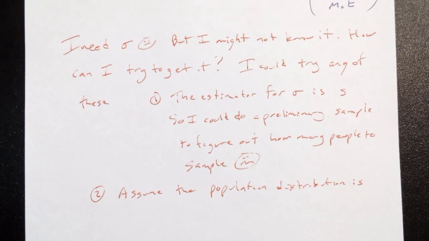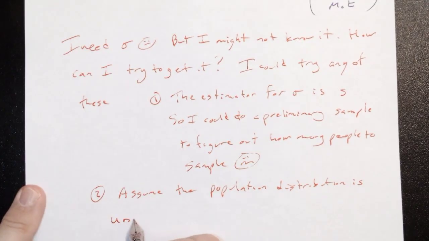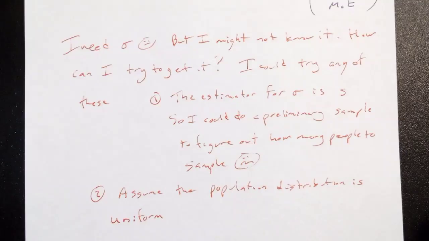Now, since we're dealing with sampling, we really want to work with our continuous distribution. That means we really only have two to pick from. We can either look at uniform distribution or a normal distribution. So if I assume it's uniform, then I can go back to chapter 6 and I can ask, what's the standard deviation for a uniform distribution?